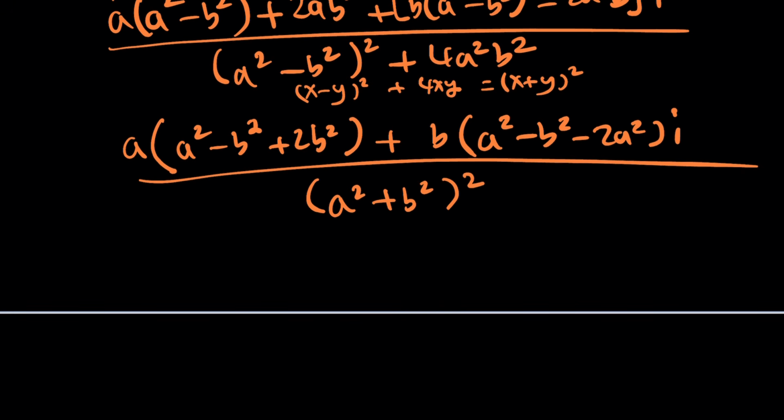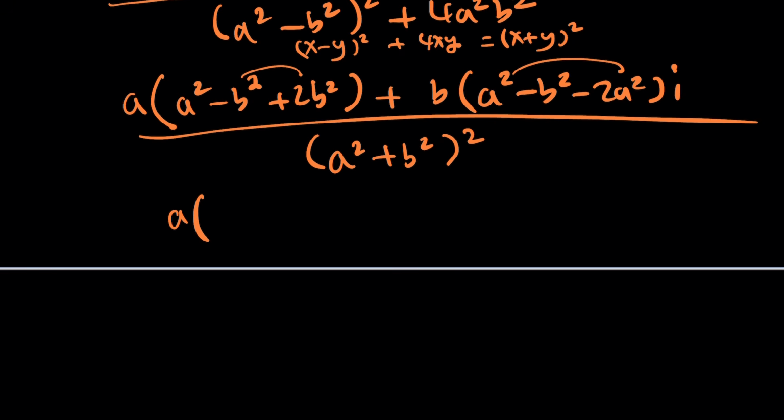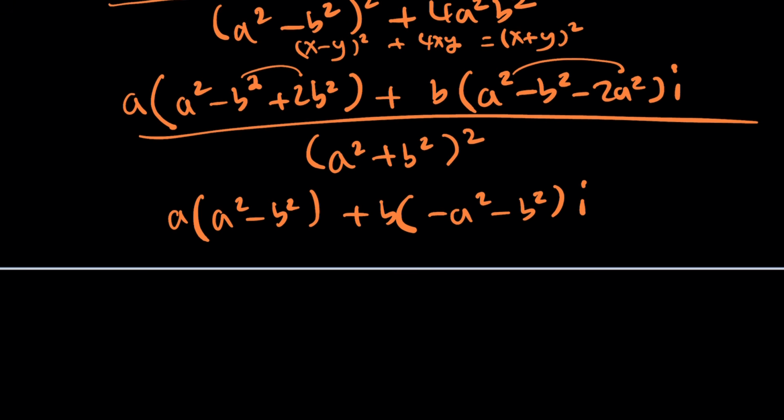Make sense? It does. Now, we can simplify here, these two and those two. So a times a squared minus b squared, and here b times negative a squared minus b squared, divided by a squared plus b squared, squared.